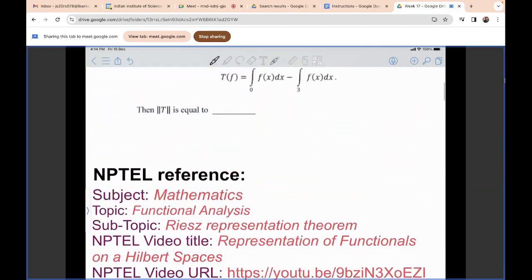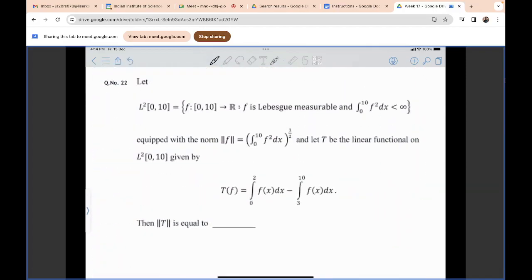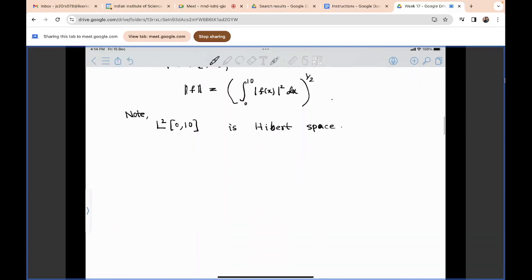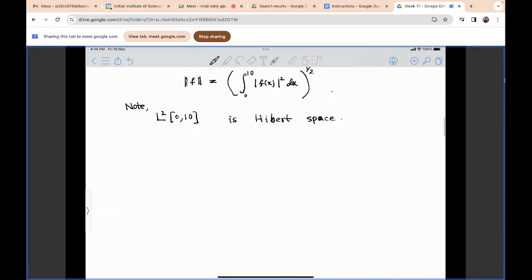Okay, now it is saying that a linear functional is given by: T is a linear functional from L2 of 0, 10 to R. How is it given?